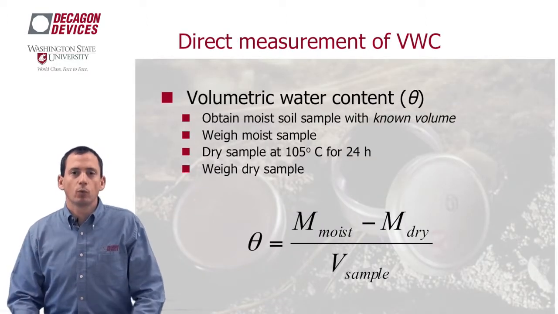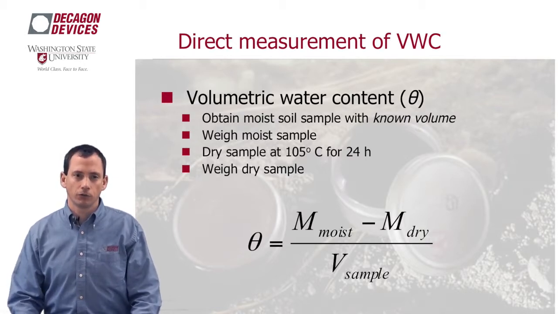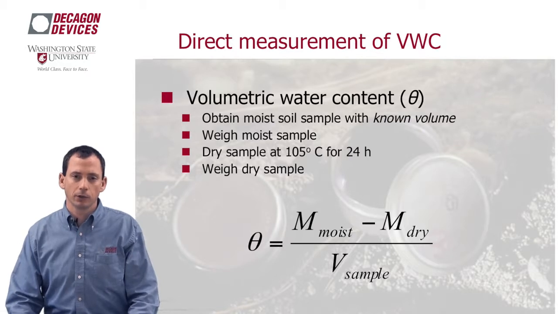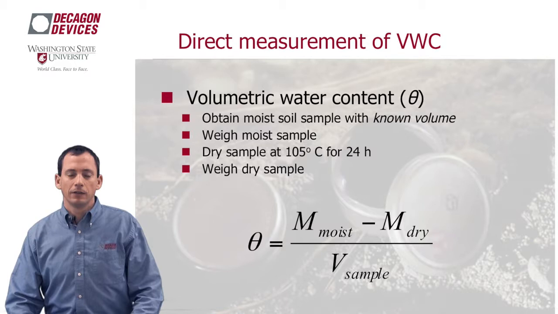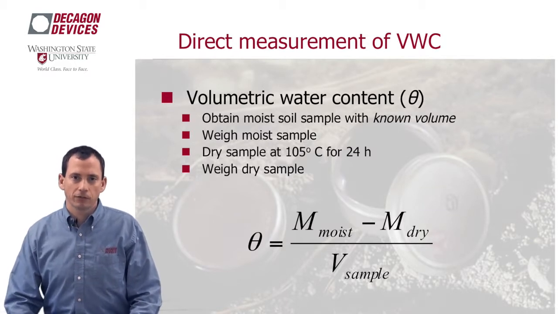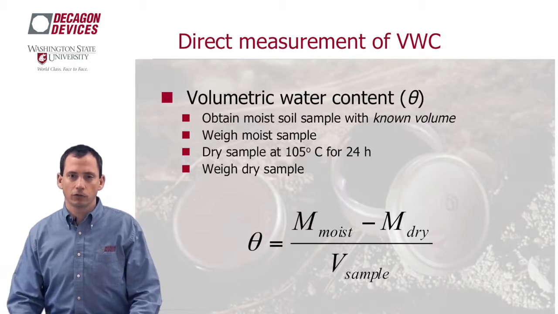There is only one way to directly measure the volumetric water content in soil. So to directly measure water content, you need to obtain a known volume of soil. If you know the volume that you're working with, then that's the denominator, that's the volume of the sample. Then you would measure the mass of that soil while it's wet, dry it out in an oven, and then measure the mass of the soil when it's dry.